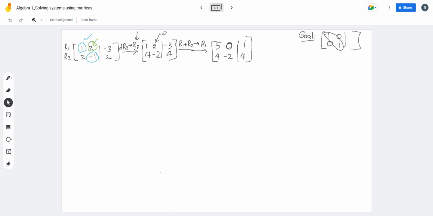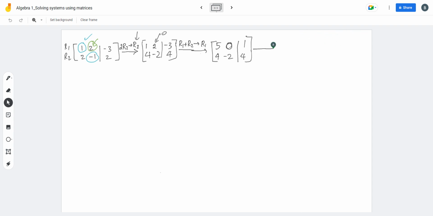It is okay to get upset about it, but it's much simpler than you think. Right now this is 5. If you want this to be 1, what would you do? You divide the entire row 1 by 5.